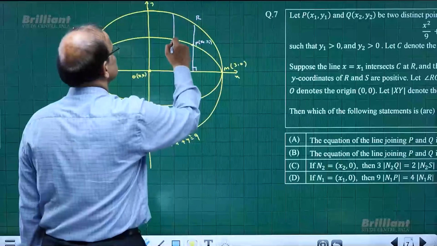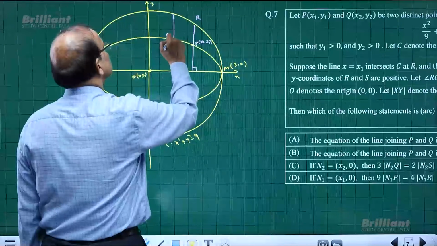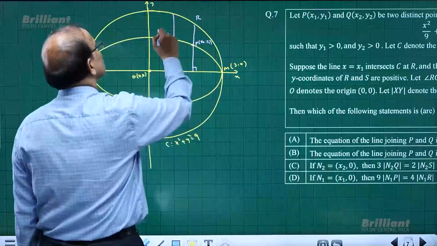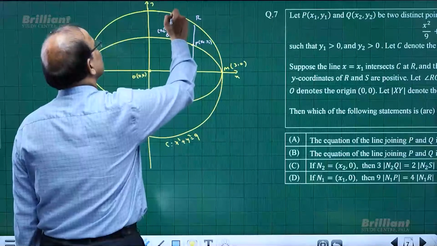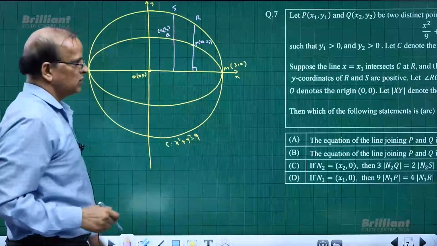This is the Q point (x2, y2). This is S.